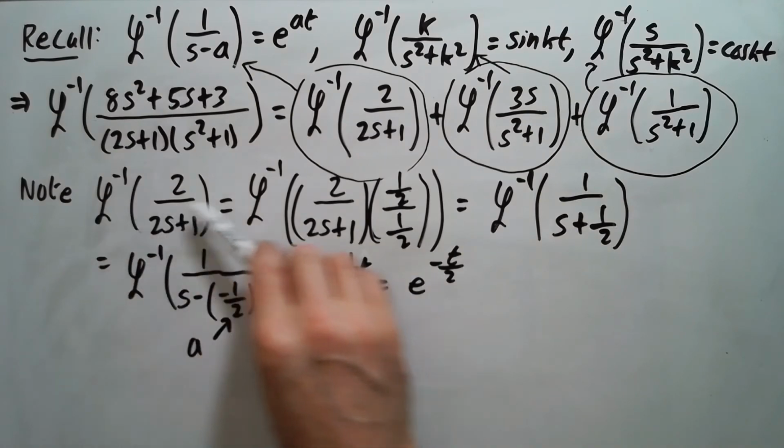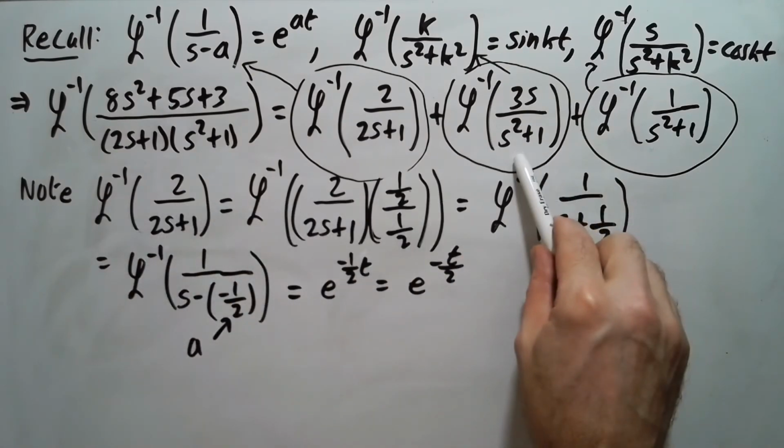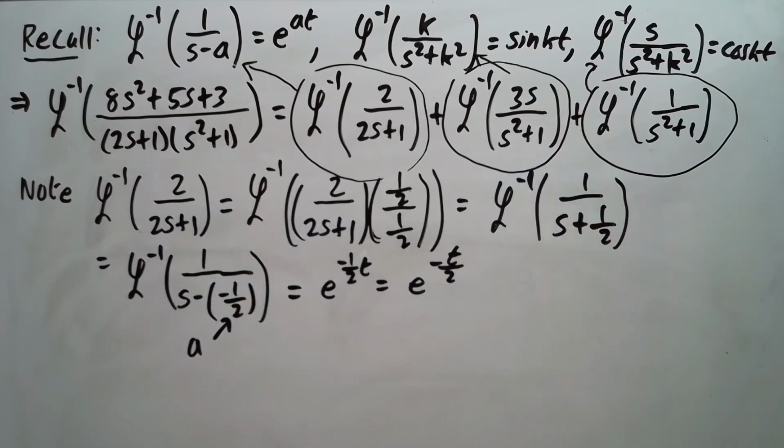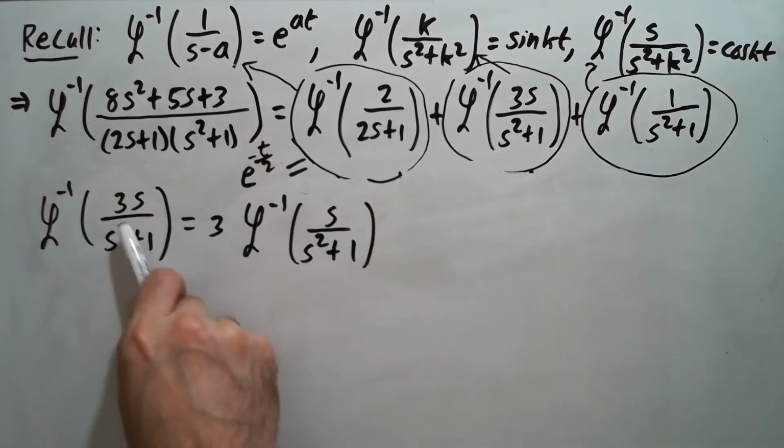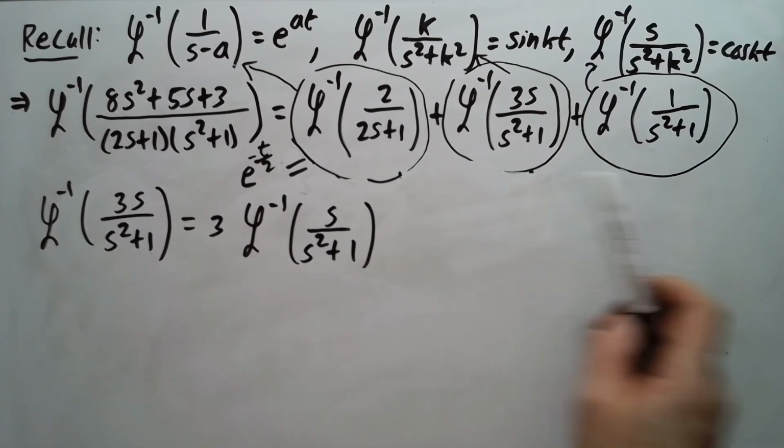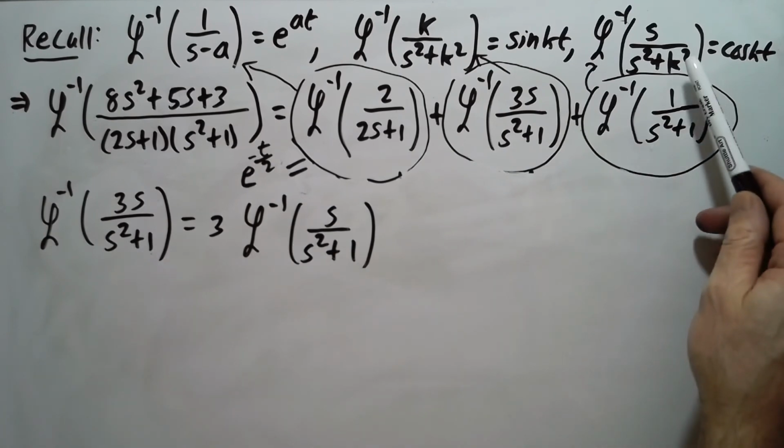Actually, I'm going to erase this now and we'll work on this one. The Laplace inverse of 3s over s squared plus 1, we'll be using this one on that.